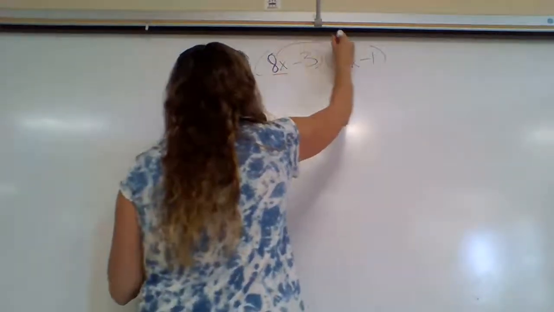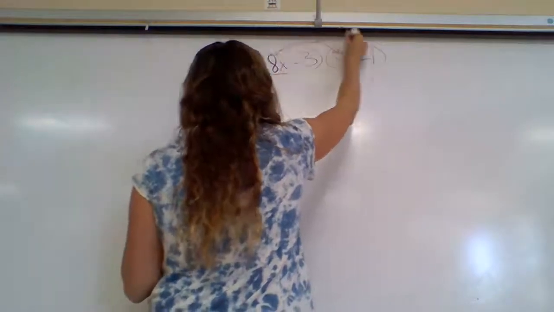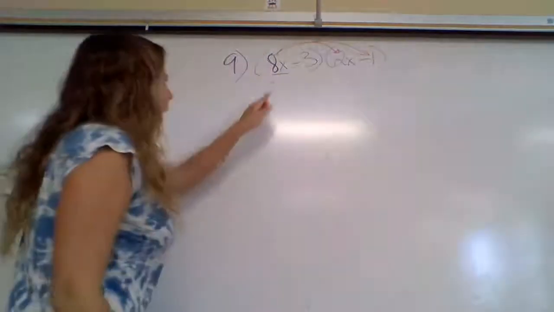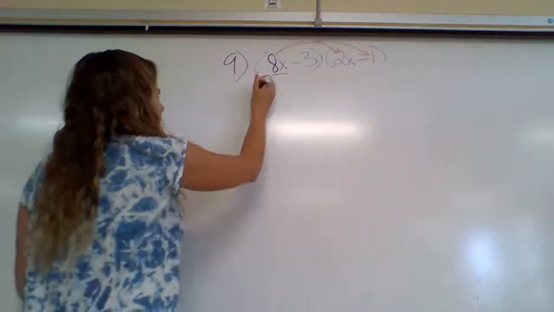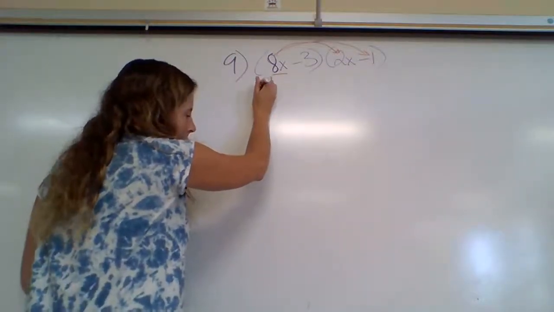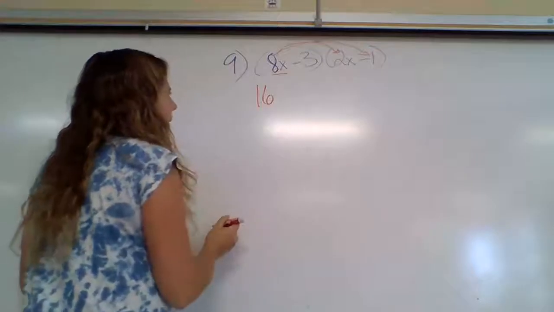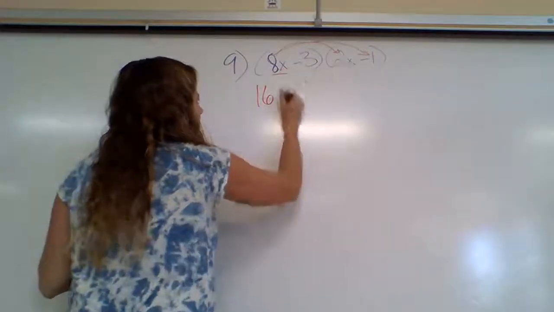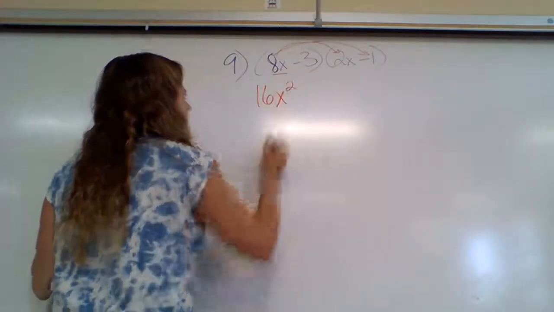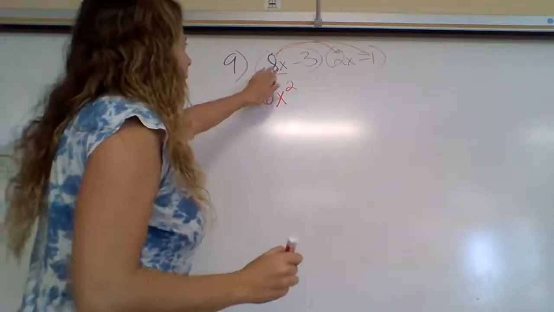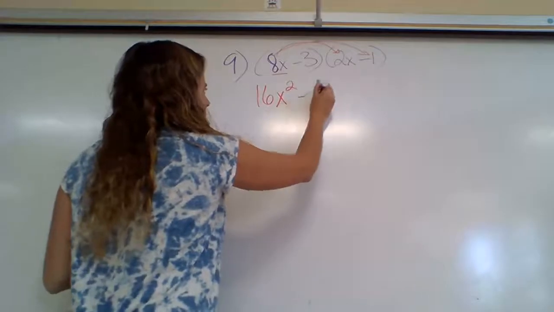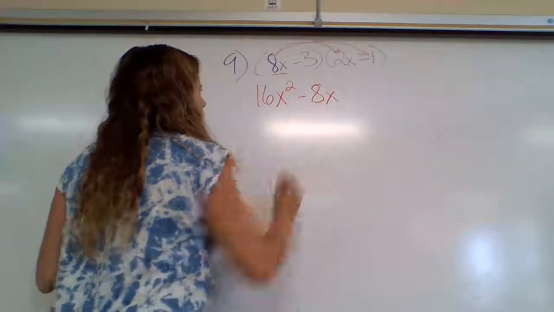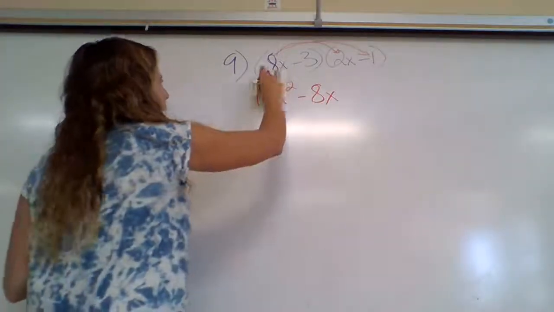Here we go. 8x times 2x, well, 8 times 2 is 16, x times x is x squared. And then you have 8x times negative 1, negative 8x. All right, we're done with the 8x.